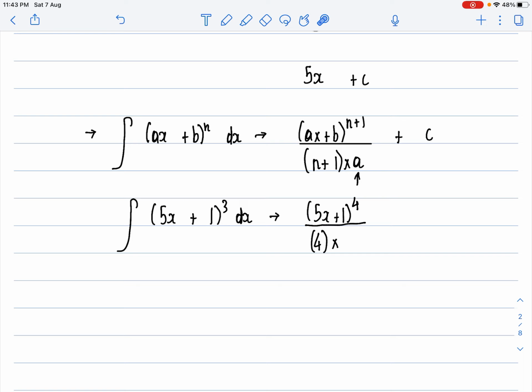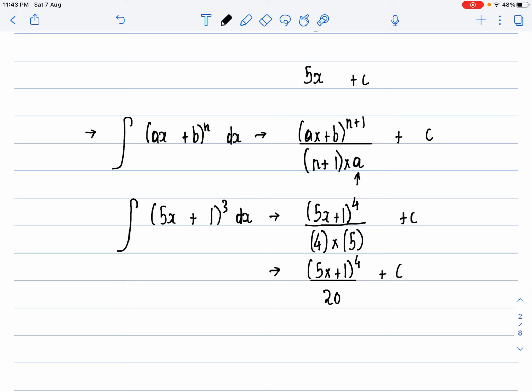But the simple way is just to remember it as the coefficient of x, which is 5, plus c. So I can write this as 5x plus 1 raised to 4 divided by 20, plus c. This is what you have.